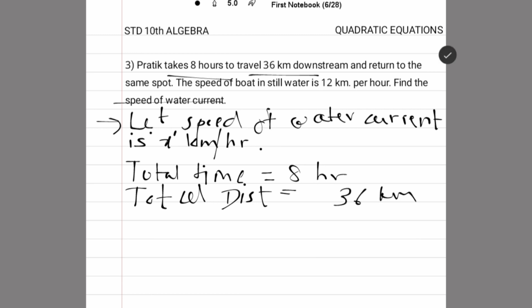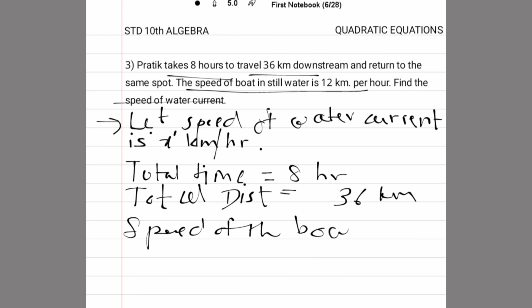And the next thing which they have given us is the speed of the boat in still water is 12 kilometers per hour, that is when the water is not moving, then the speed of the boat is 12 kilometer per hour.